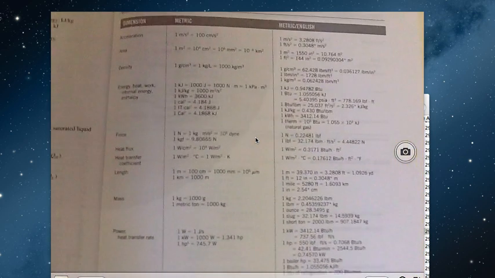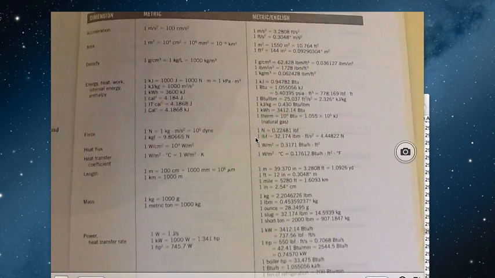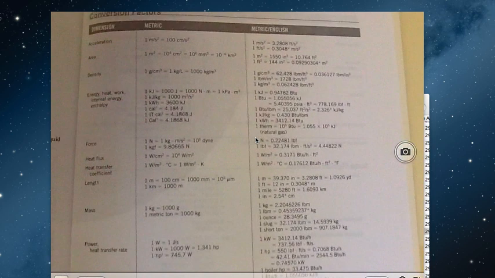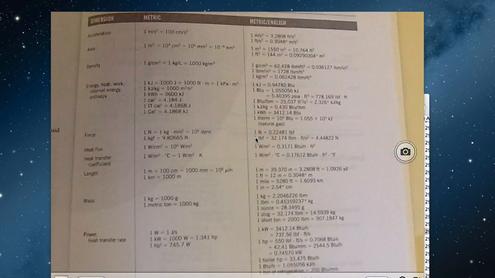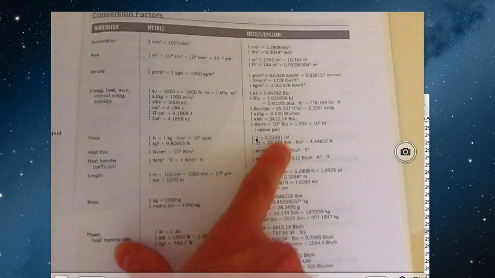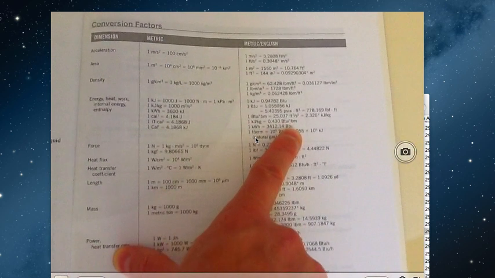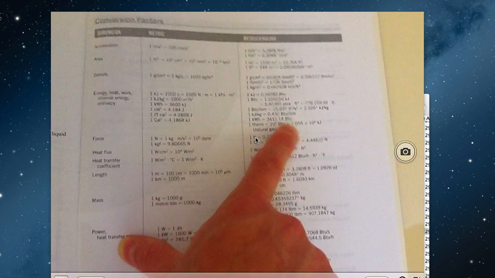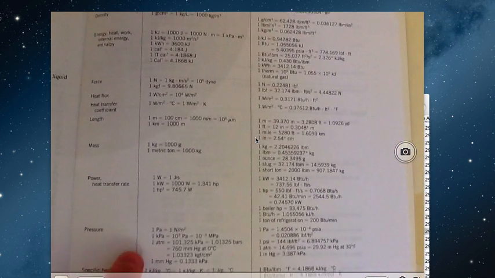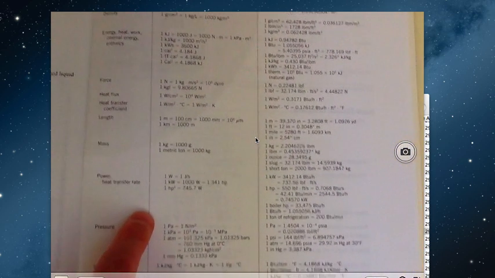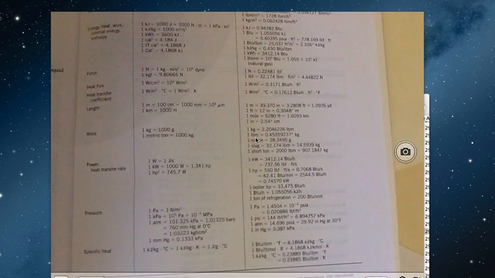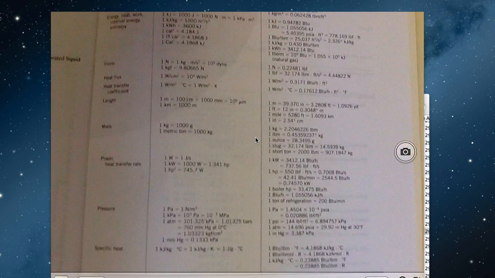So it will behoove you to take some time to look at this list of conversion factors provided in the textbook and become familiar with them. You may not realize yet how you use them, but if you become familiar with them, then when you see a unit, you might think, oh, I bet there is a conversion factor in the back of the book that will help me do this.